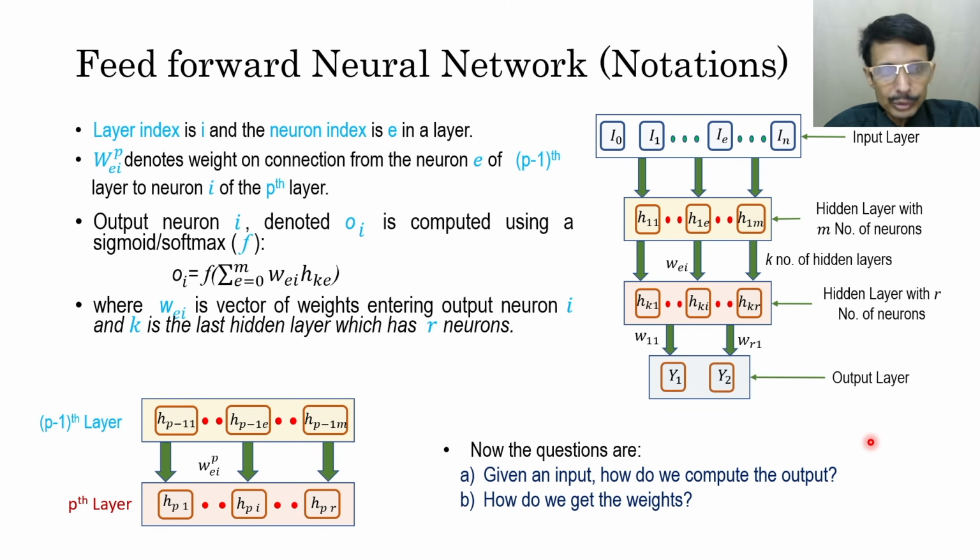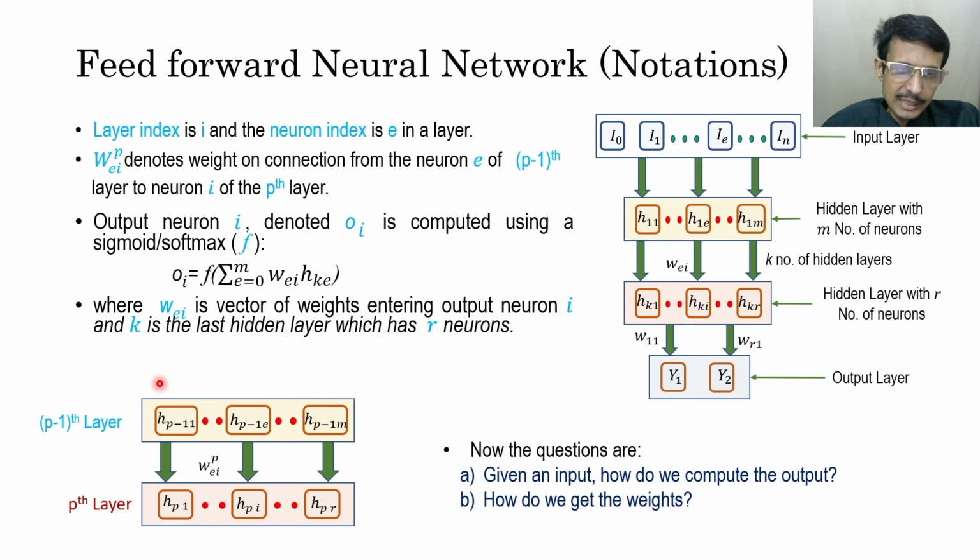Now for output neuron I, the output OI is computed using a sigmoid or softmax function F. The output is F of the summation over E from 0 to m of the weight WEI times H of K, where WEI is the vector of weights entering output neuron I, and K is the last hidden layer. So these are the meanings of these notations.